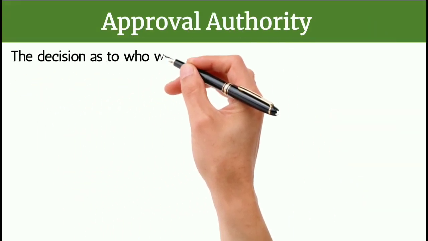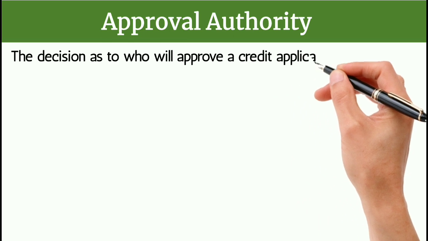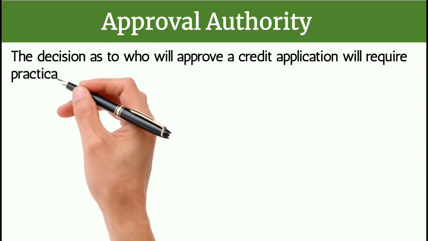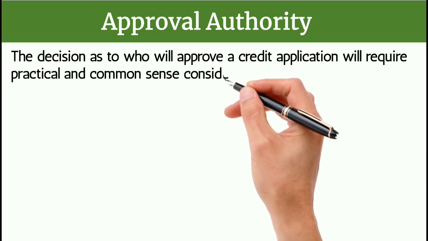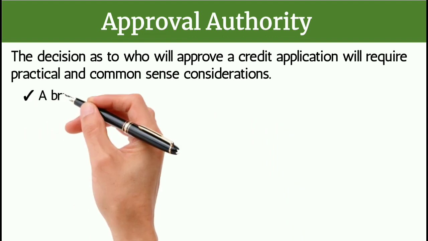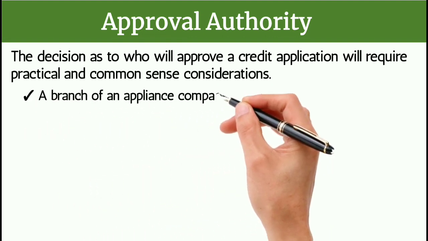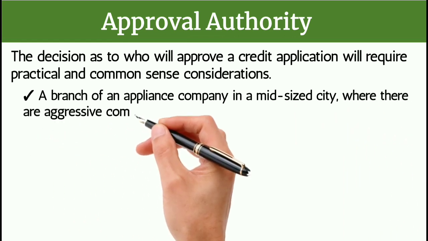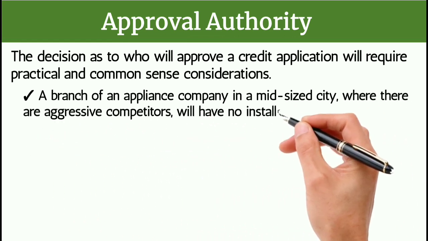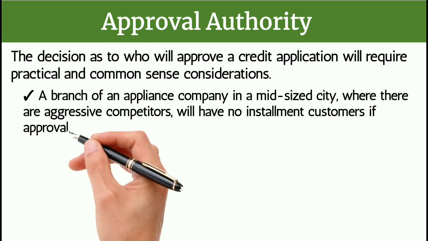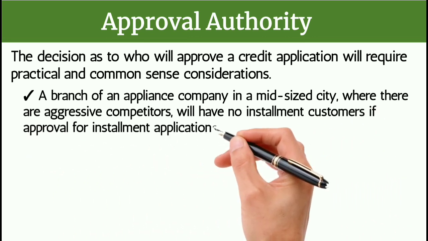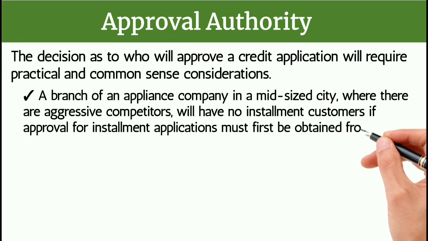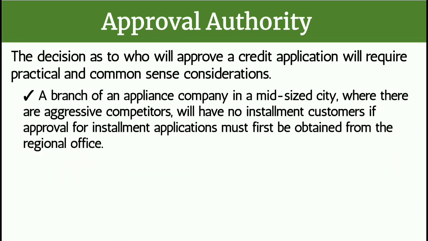Sometimes, the decision as to who will approve a credit application will require practical and common sense considerations. Let's say a branch of an appliance company in a mid-sized city where there are aggressive competitors will have no installment customers if approval for installment applications must first be obtained from the regional office.